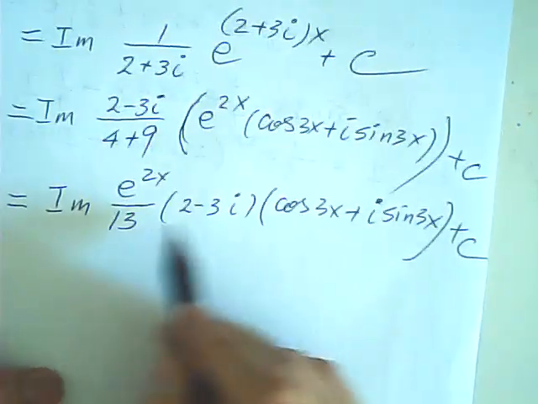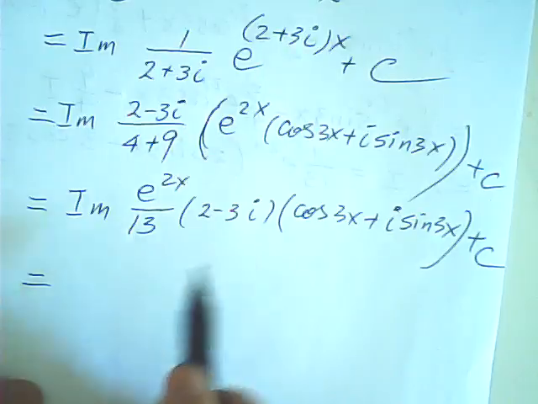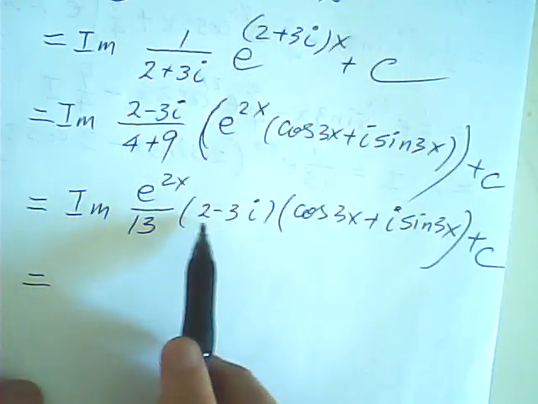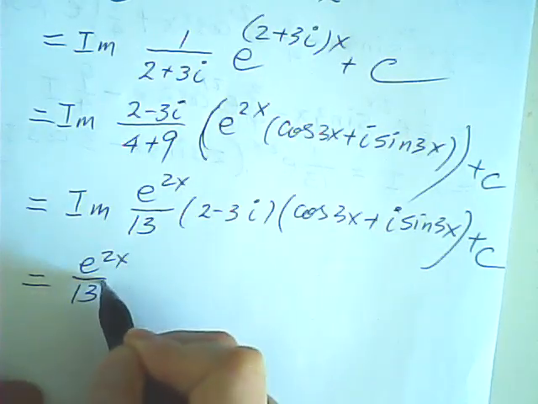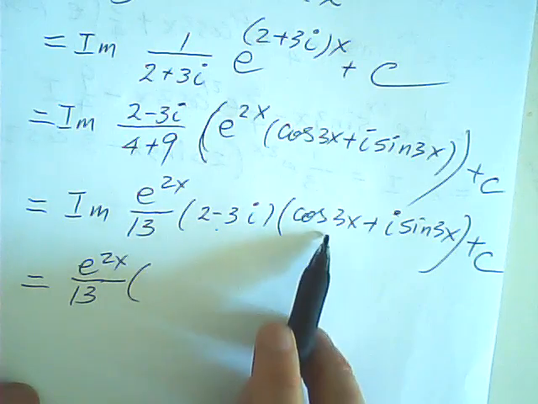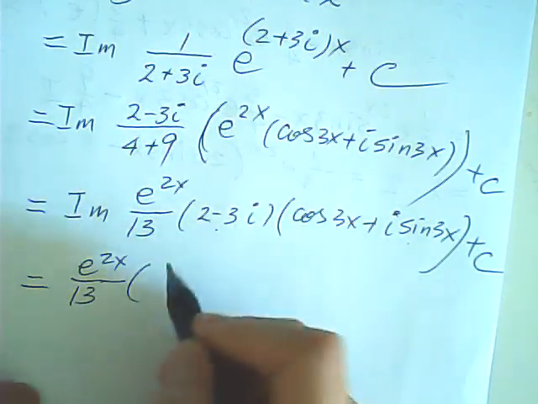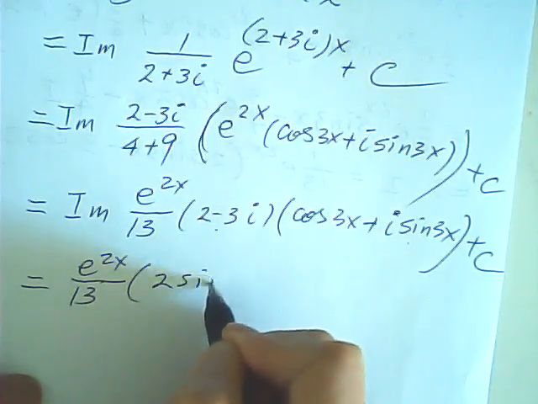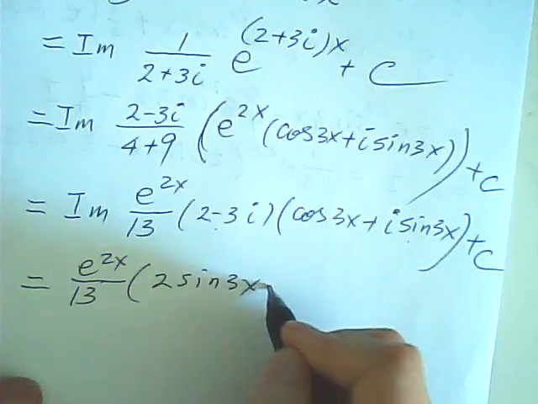I just pick up the imaginary term, right? So 1/13 e to 2x. This one times this one is real. No, I don't need it. This one times the other one, yes. Sine 3x, that's imaginary. This one times this one, yes.